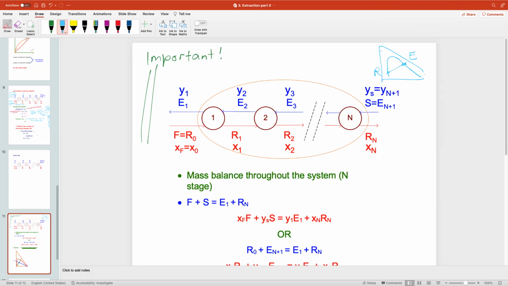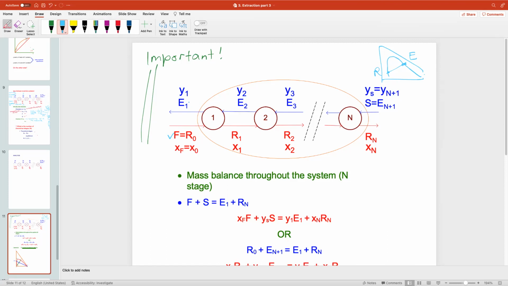Yes, Ibu. So, help me, Fatia. Do we know F? Yes, Ibu, we know the F. Okay. If we don't know the correlation between F and E1, just leave it out.